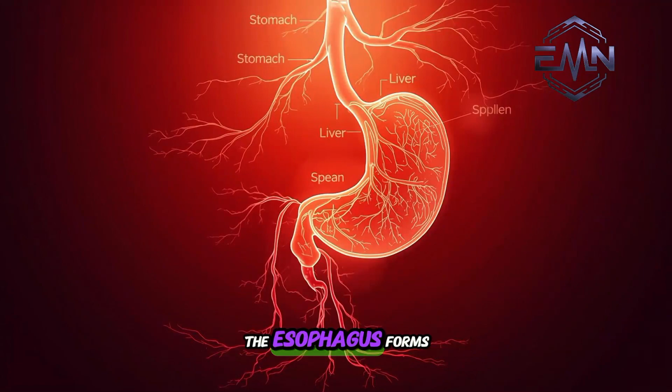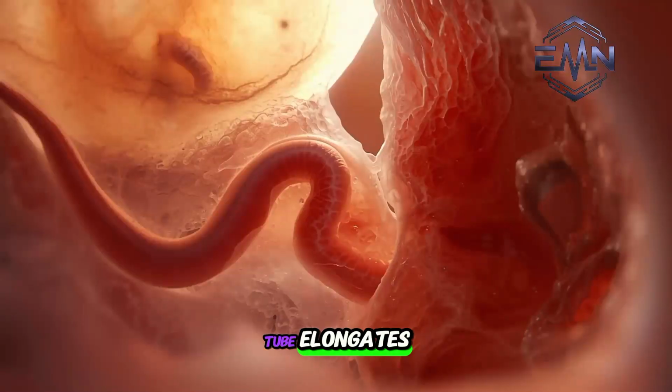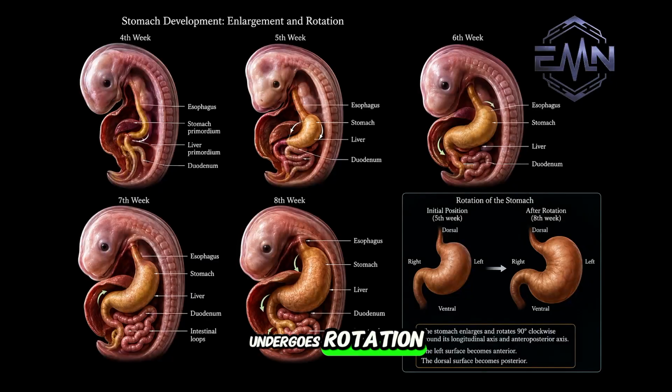The esophagus forms as the cranial tube elongates and separates from the respiratory diverticulum. So embryologically, it is not just a conduit, it is the first passageway establishing directional flow from pharynx to stomach. The stomach is not just formed, it is rotated and reshaped. The primitive foregut tube expands and undergoes rotation, creating the greater curvature, lesser curvature, and positional asymmetry.